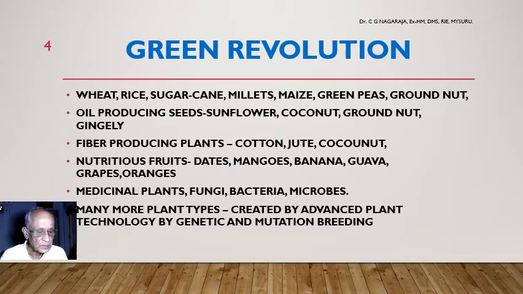Breeding experiments successfully carried out in India have produced a large quantity of very good wheat, rice, sugarcane, millets, maize, green peas, groundnut, and all these grains have been produced by means of selective breeding. Similarly, oil producing seeds like sunflower, coconut, groundnut, gingerly are again subjected to breeding, and today we have extremely good varieties of yield and also high volume of materials produced by this.